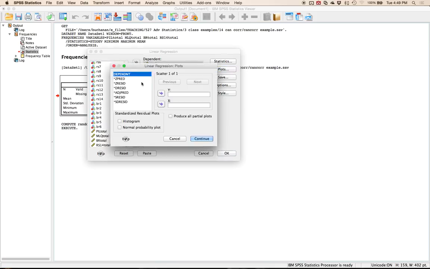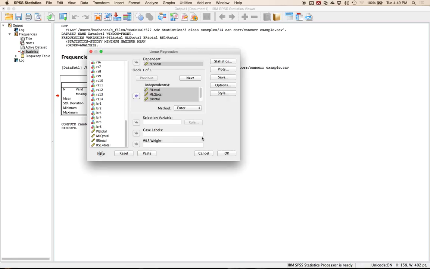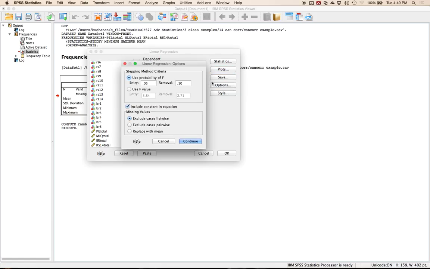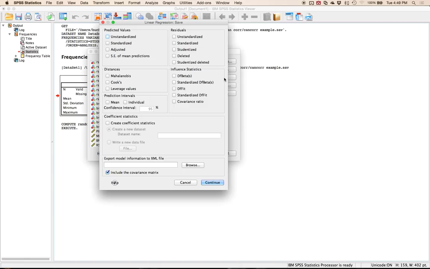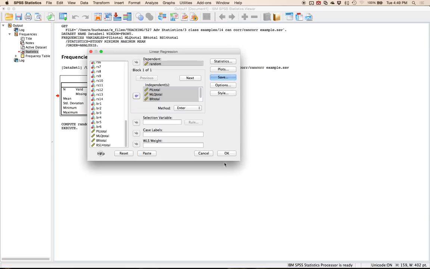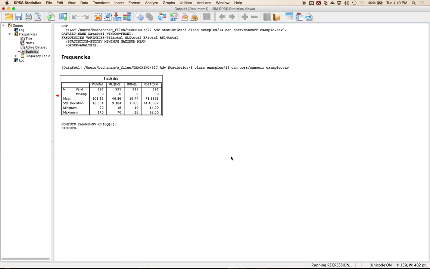We've got Plots, ZPRED in Y, ZRESID in X, histogram, normal probability plot, Continue, and then under Options, oops, sorry, it's Save. I always do that. So click Save and click on Mahalanobis. Continue and OK.